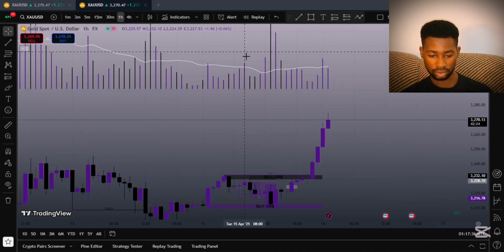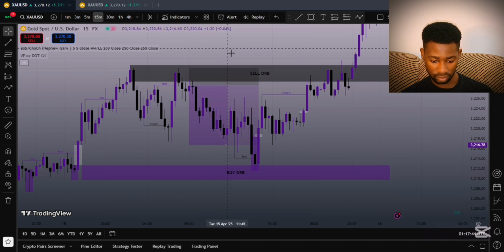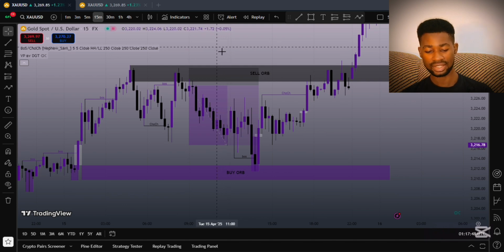By 11 o'clock, buyers started coming into the market, and you can see, let's check the price here. Yes, the price was still in a downtrend. This is what I'm talking about in terms of volume. The price was still in a downtrend, but the volume started signifying that buyers are coming into the market.